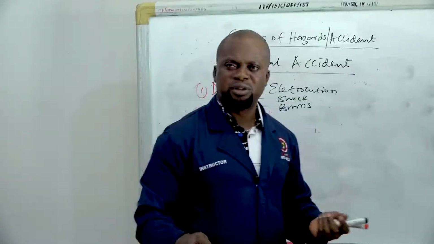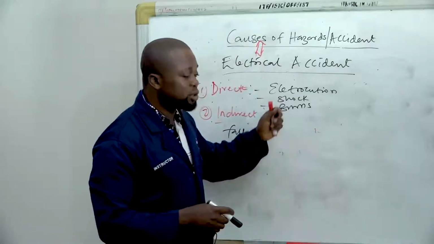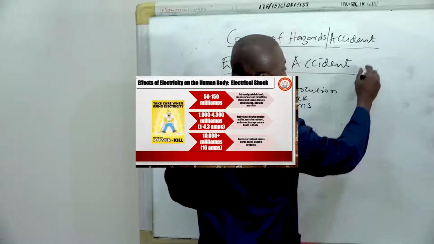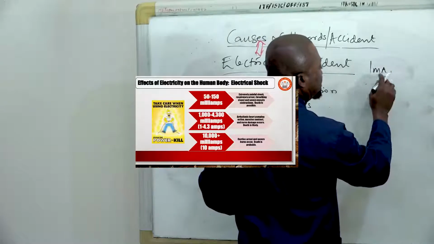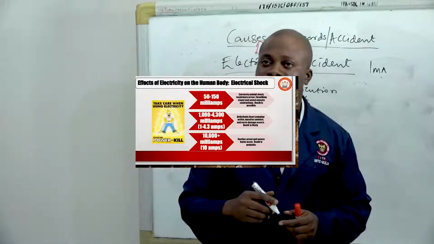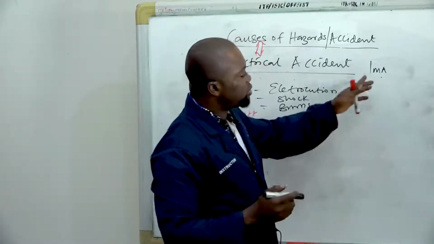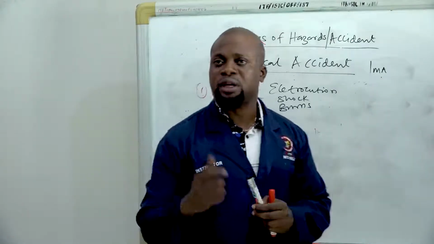Of course, on the effect of electricity on the human body, like we talked about, the effect of shock has categories. Remember, I said 1 milliamp. Make contact with 1 milliamp of current, there is a tingling sensation. Once you make contact with this amount, there's a tingling sensation you encounter.